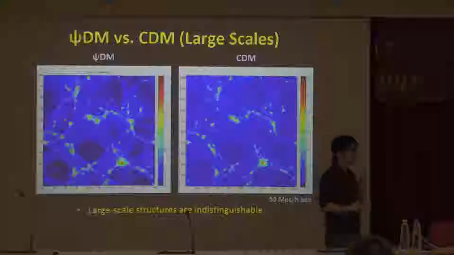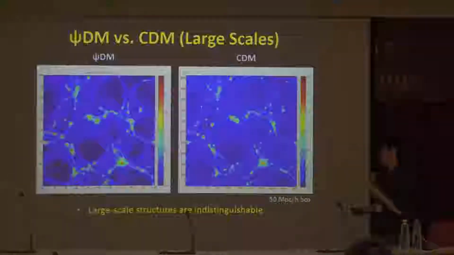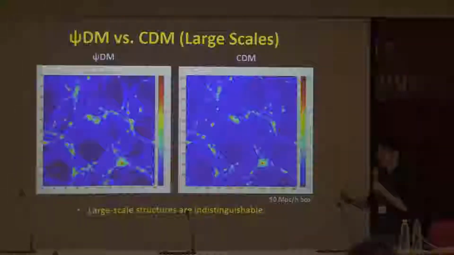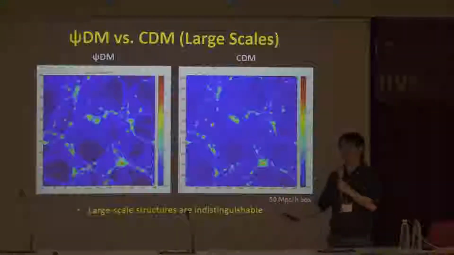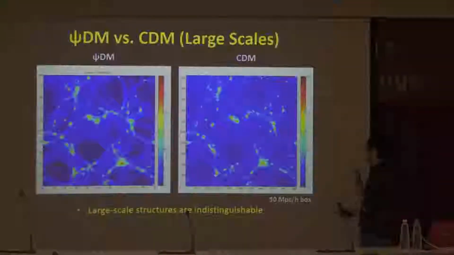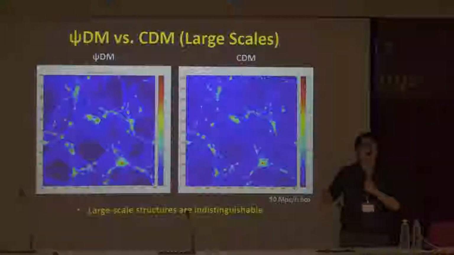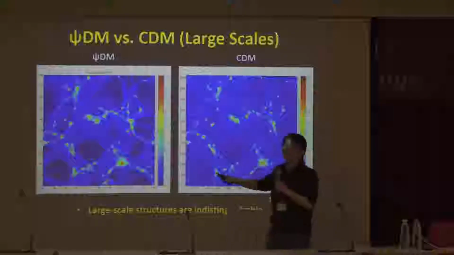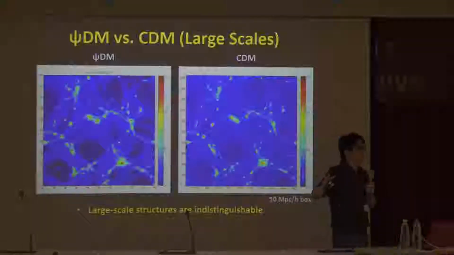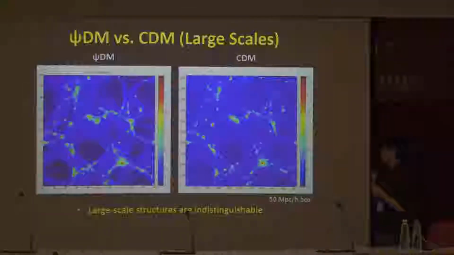It is also desirable because it's well known that the CDM model is very consistent with observations on large scales, say on the cluster scale, so we definitely don't want to provide any surprising results on these scales. This is just to make sure that, okay, on the large scale, the model is okay.